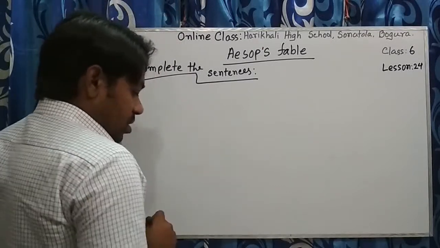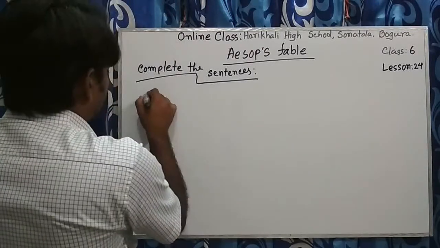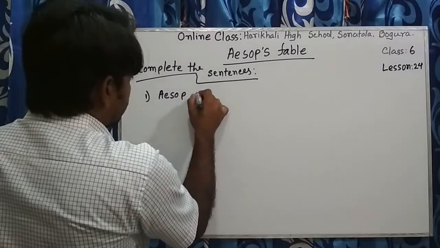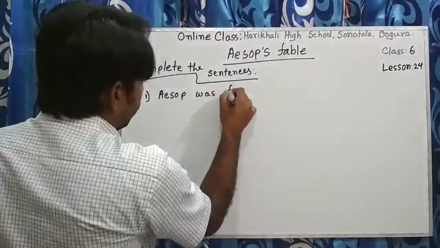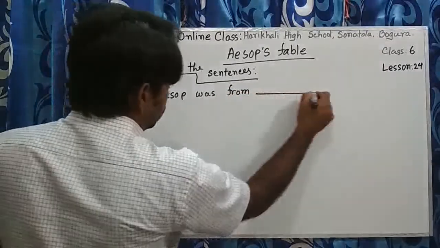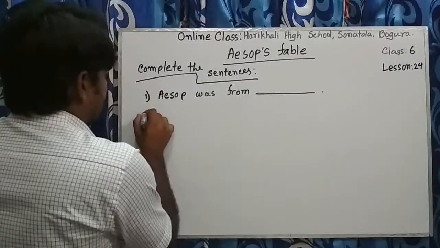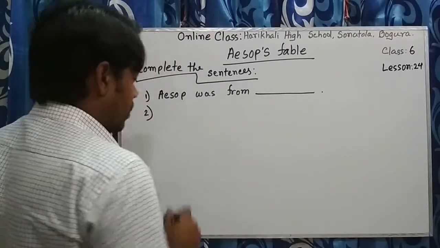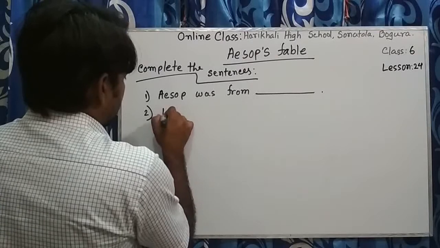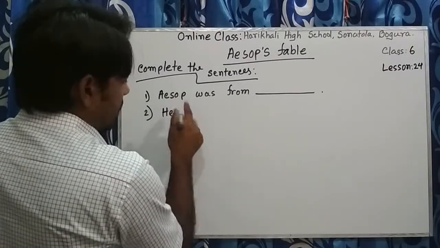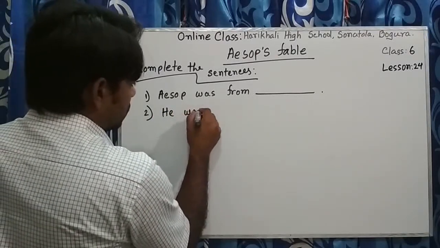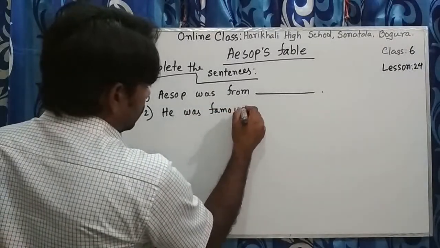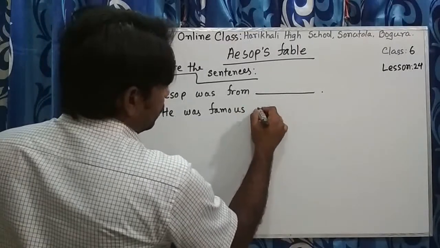Number 1. Aesop was from. Number 2. He was famous for.